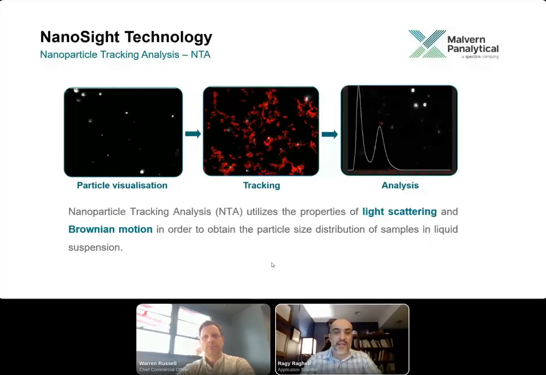You can see that on a frame by frame basis and note their diffusion coefficient and relate that to the size. We'll talk about that in a second. The final panel shows the concentration versus size analysis and other types of metrics on the y-axis in comparison to size.